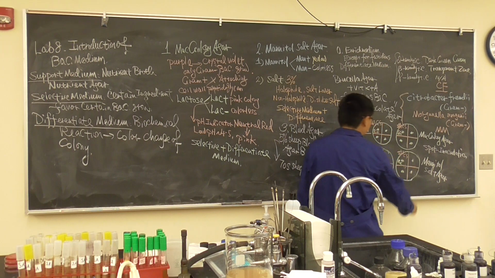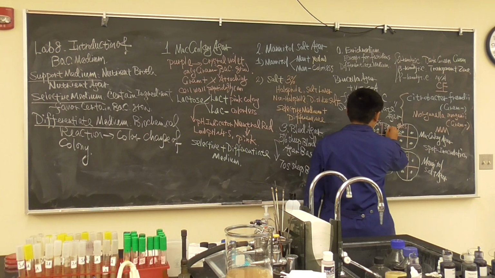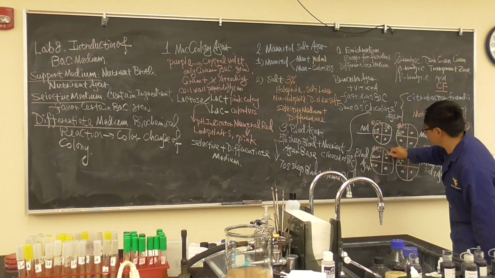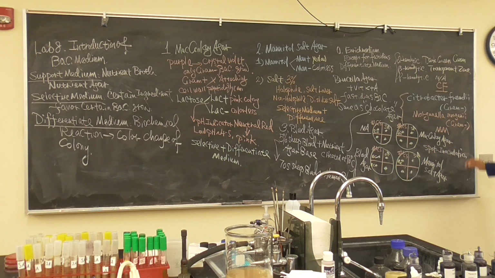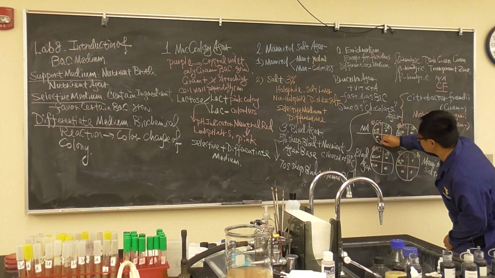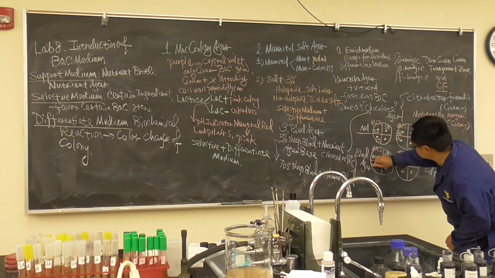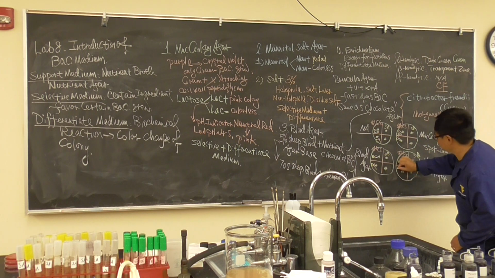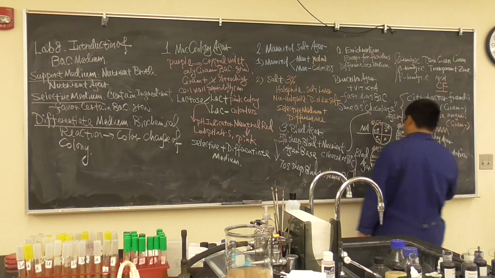Then we will add Staphylococcus aureus, so SA, SA, SA, and SA. Then we will add Citrobacter freundii, CF. So we add CF, and CF. The last one we want to add is Morganella morganii, so we add MM there.